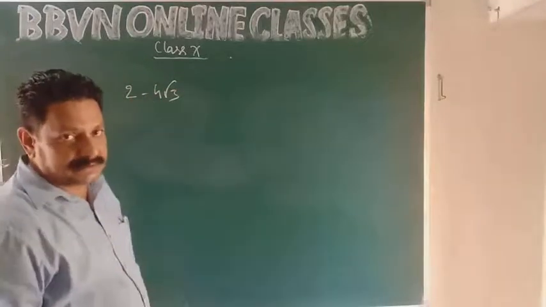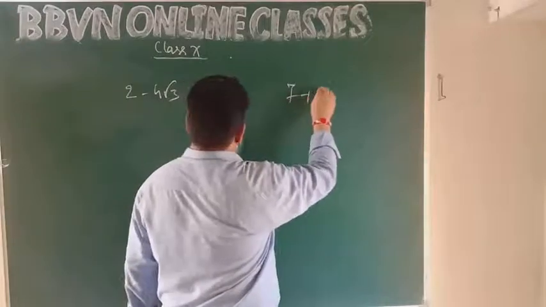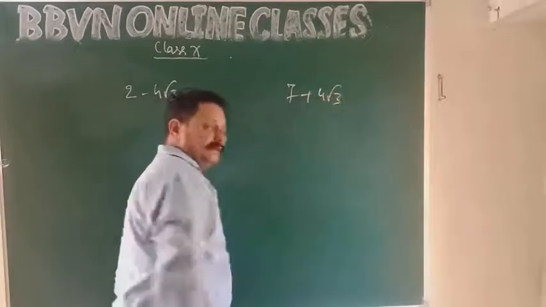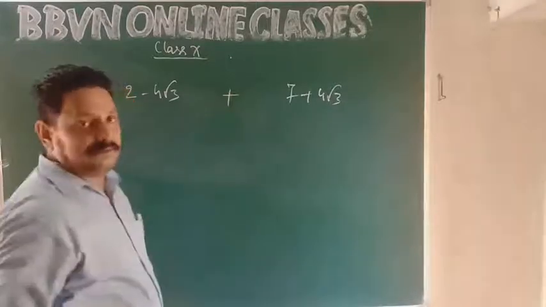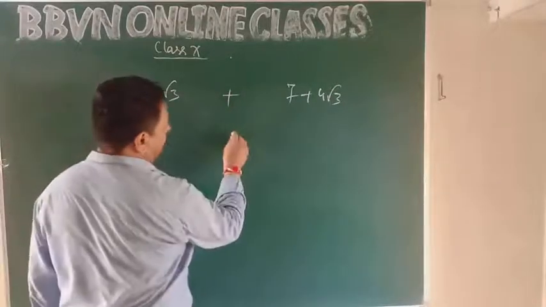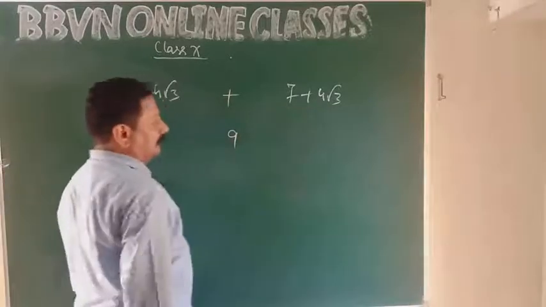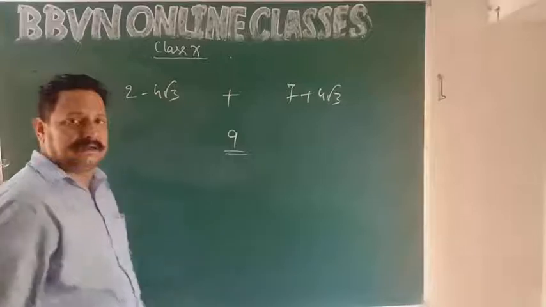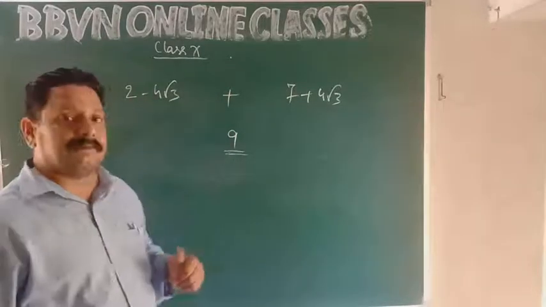This is an irrational number, right? Now 7 plus 4 under root 3. This is also an irrational number. When you add them, 2 plus 7, rational plus rational, 9, minus 4 root 3 plus 4 root 3 gets cancelled. Final answer is 9. So the sum of these two irrational numbers is a rational number.